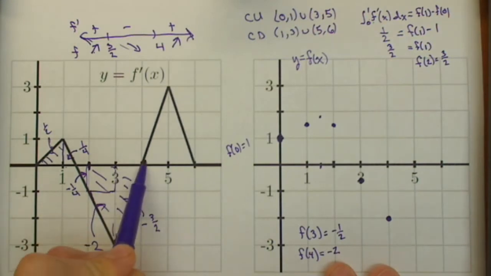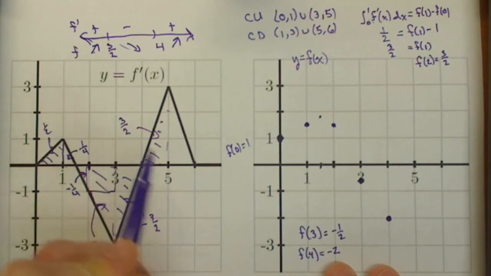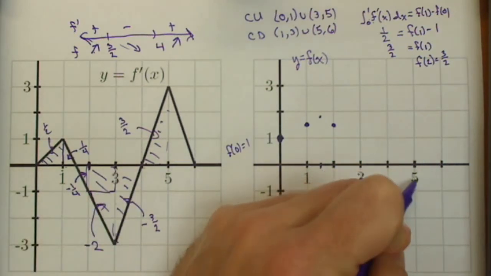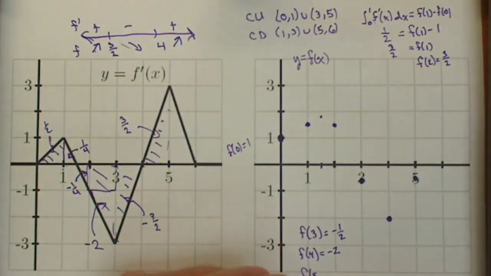Right here, again we have a triangle with a height of 3 and a base of 1. This area is a positive 3 halves. So from here we're going to go back up 3 halves, which puts us about right here. So f of 5 equals -1/2.